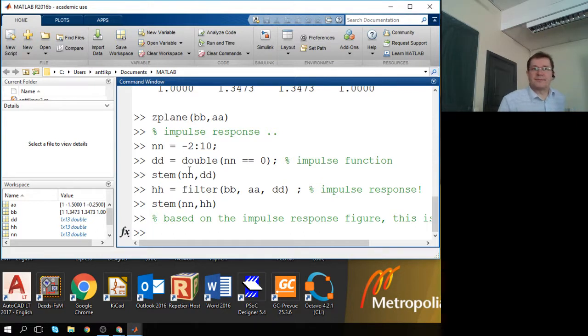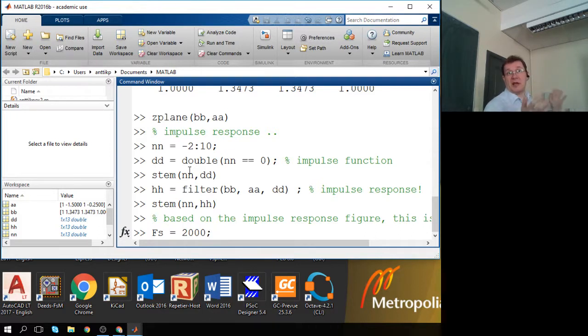Okay, good. That's checked. Next, let's calculate the frequency response. But for calculating the frequency response, I would like to also have a real physical meaning for the frequency axis. So I'm just setting the sample rate, for example, 2 kilohertz.